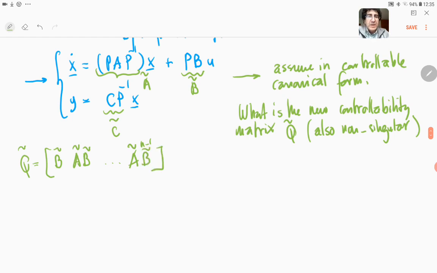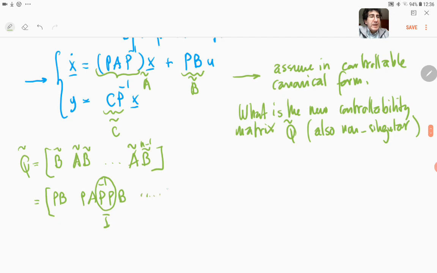Now let us put all the definitions in terms of A, B, and C in here. So B tilde is equal to P times B. A tilde B tilde is equal to P A P minus 1 P B. You see that inside here there is an identity matrix.